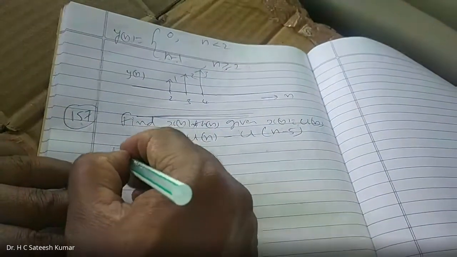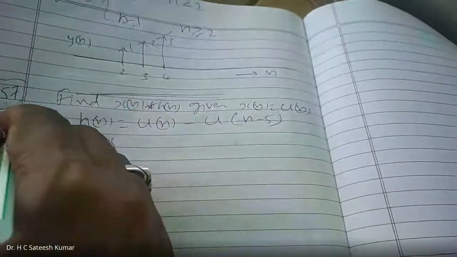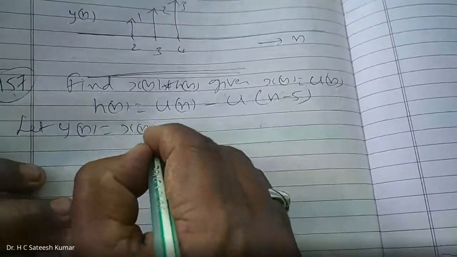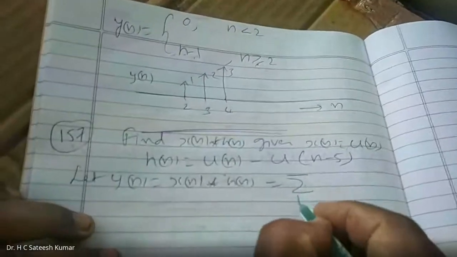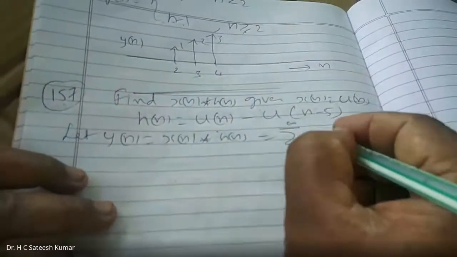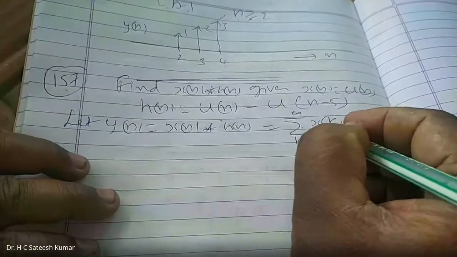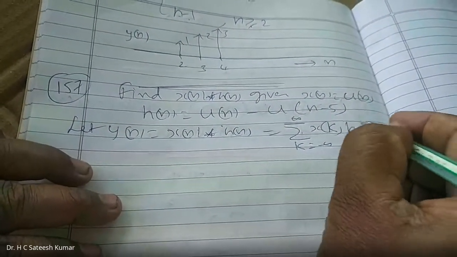Let us say y of n is equal to x of n convolution with h of n, which is equal to summation k varies from minus infinity to plus infinity, x of k into h of n minus k.